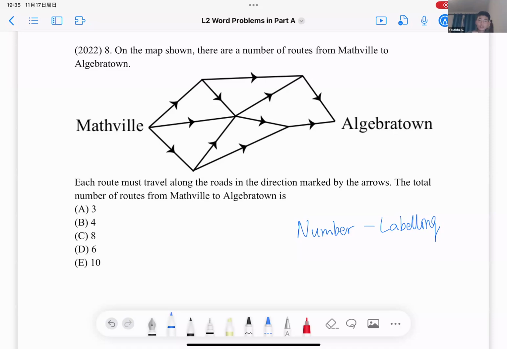For each point in this graph, I'd like you to find out how many arrows are pointing at it. So the first one is one. The starting point is one for sure, because that guy is literally right there.